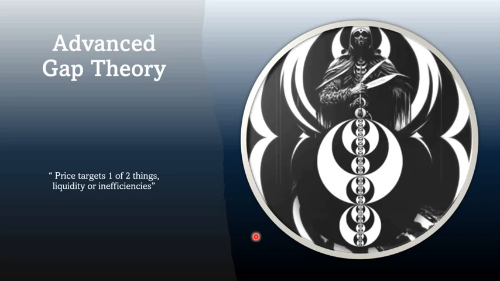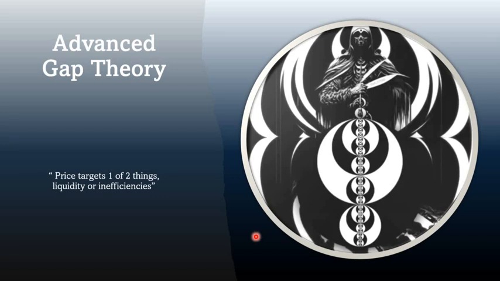Today we'll be going over pretty much all types of inefficiencies. Now, you will not be using every single type of inefficiency, because that is just an overcomplication for yourself. The purpose of understanding what these inefficiencies are is so that you can understand why the market is going in this direction, what the market is going up to tap into, why the market is going down to tap into, or what the market could possibly fill or tap into.